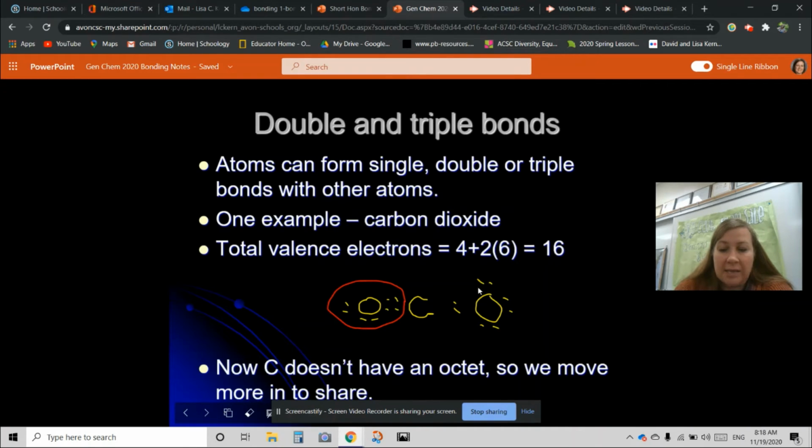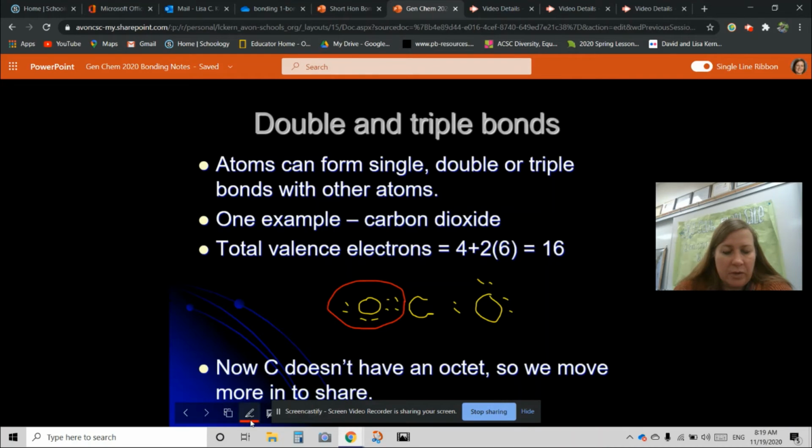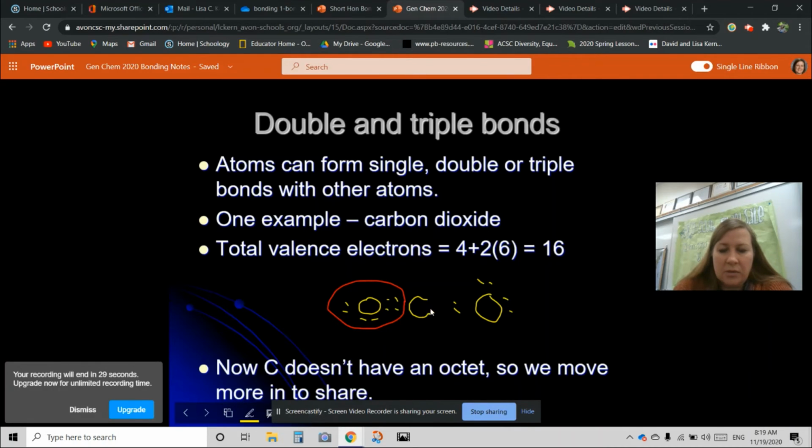It wants 8. So I'm going to move 2 more electrons off of this oxygen. So I took these 2 off the bottom. I've lost my mouse. Where'd you go? There you are. So I erased those 2, and now I'm going to draw them in the middle here.